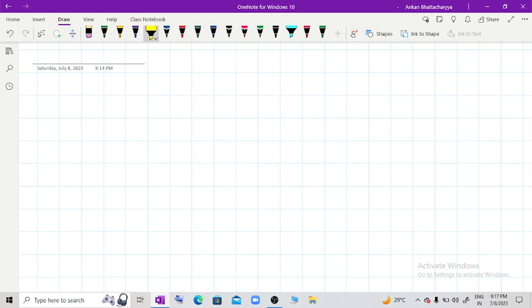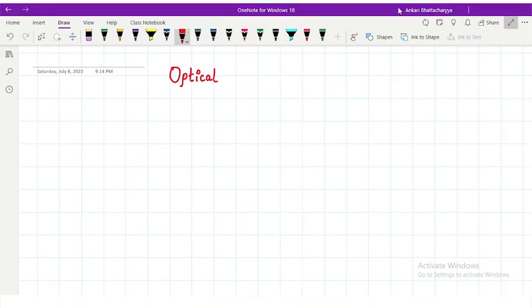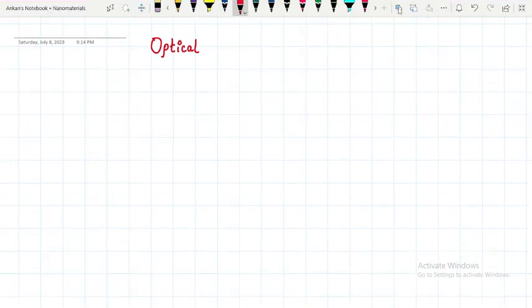Now it is time to discuss the interesting properties that I am going to show you. So the name of today's article is the optical properties of nanomaterials.